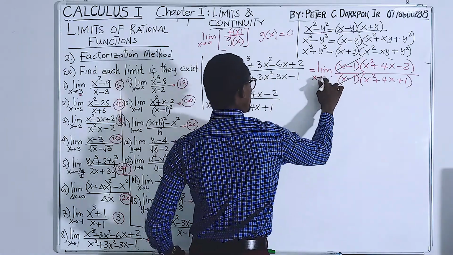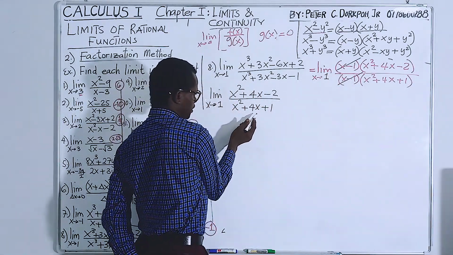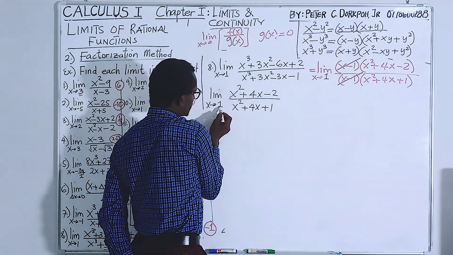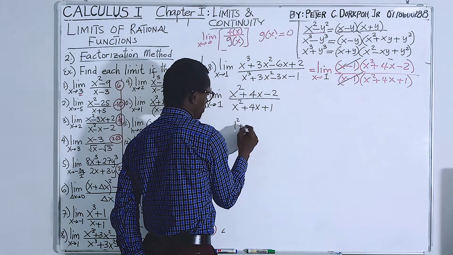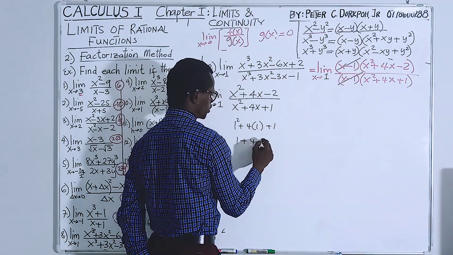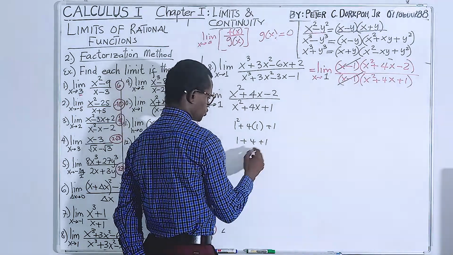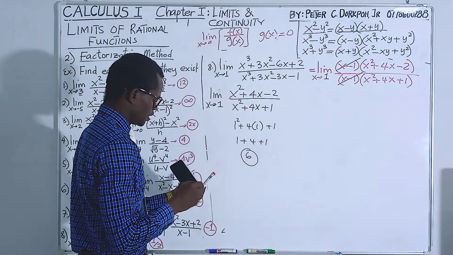Before we go any further, let's apply the limit within the denominator. So if we apply the limit within this denominator here, we put 1 here, this is 1 squared plus 4 times 1 plus 1. 1 plus 4 plus 1. This just equals 6. So we cannot get 0 within the denominator any longer.